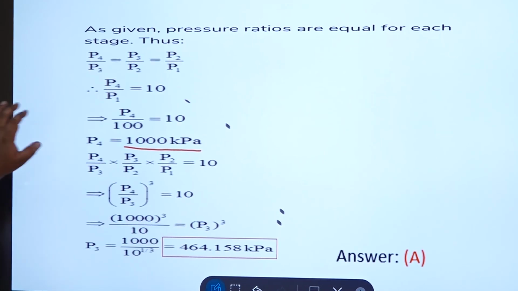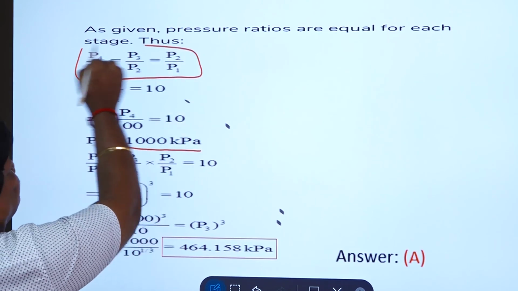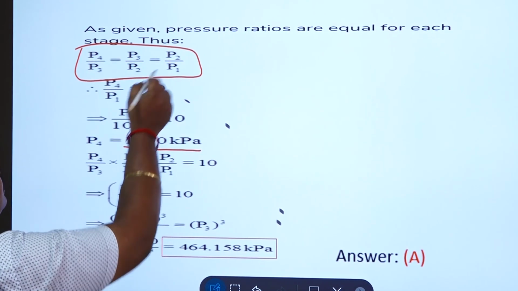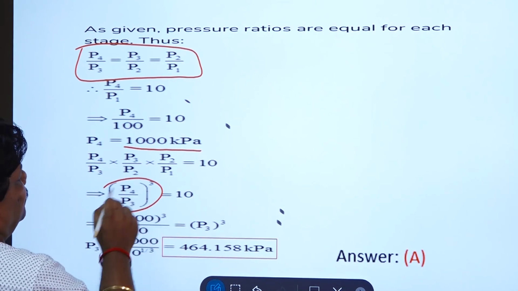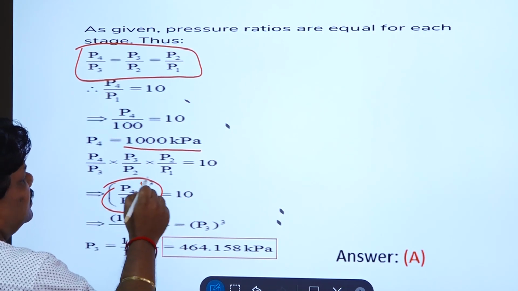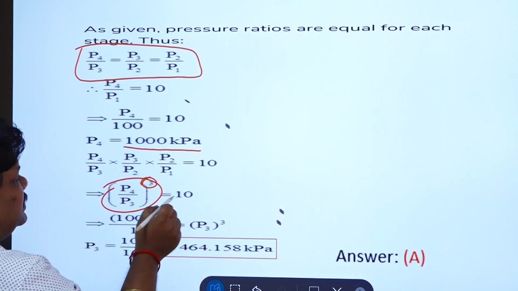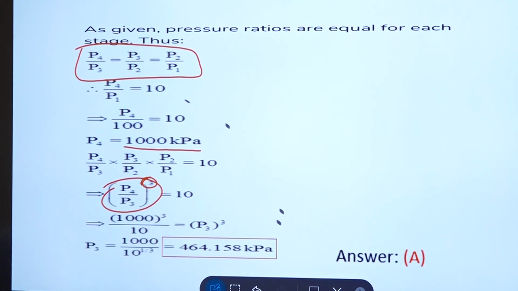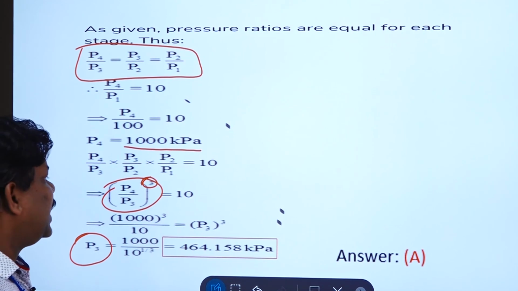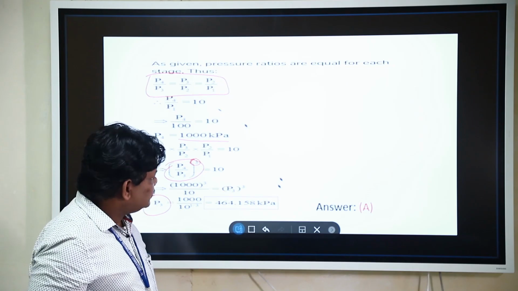So the relation for this problem is, you have to use these two pressure equations and from that you arrive at P4 by P3 whole power 3, where 3 is the number of stages, equal to 10. From this you can easily find the unknown P3, which is 464.158 kilopascal. So the answer is A. Thank you.